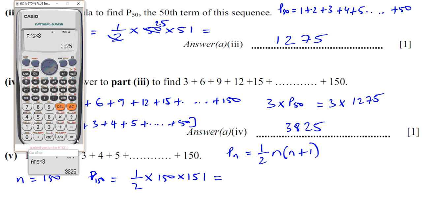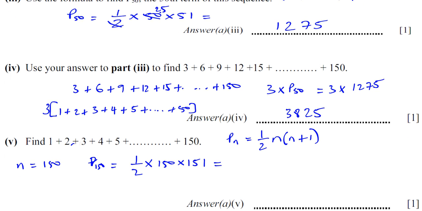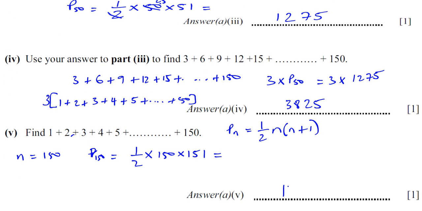So you have 0.5, which is a half, times 150 times 151. That gives us 11,325. 11,325 is your answer for that question.